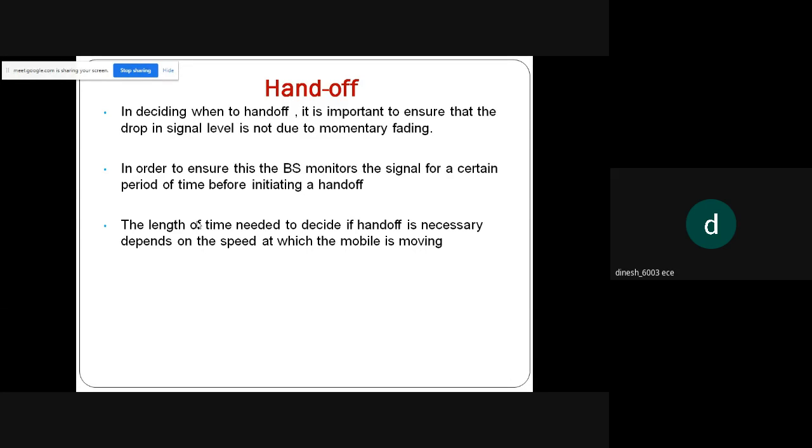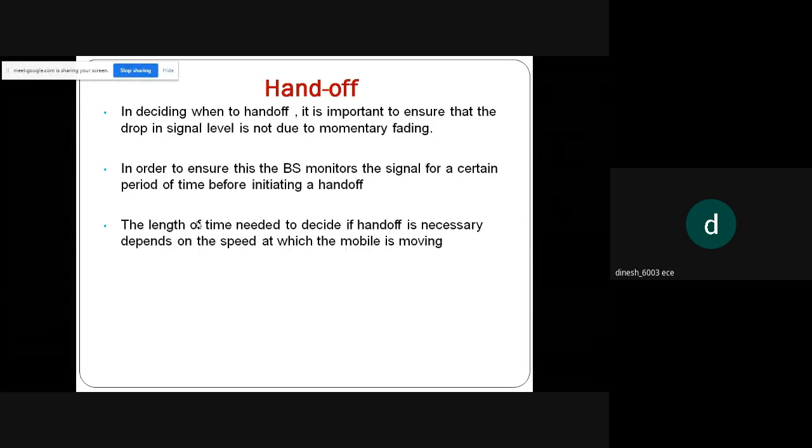In deciding when to hand off, it is important to ensure that the drop in the signal level is not due to momentary fading. Momentary fading is the fading of the mobile's signal as it moves. In order to ensure this, the base station monitors the signal for a certain period of time before initiating a handoff.